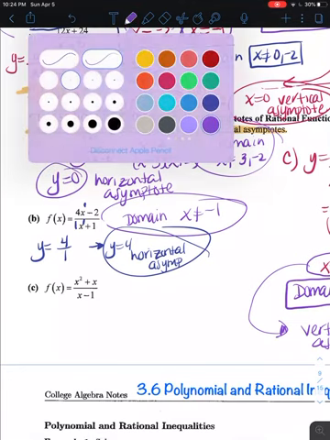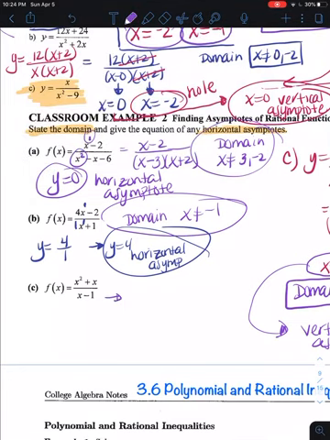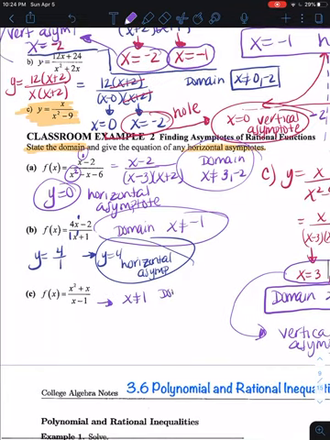All right, and the last one here: the denominator tells me x can't equal 1. So this is your domain: all real numbers except x equals 1. When it comes down to my horizontal asymptote, I notice at the top there's a degree of 2, and at the bottom there's a degree of 1.